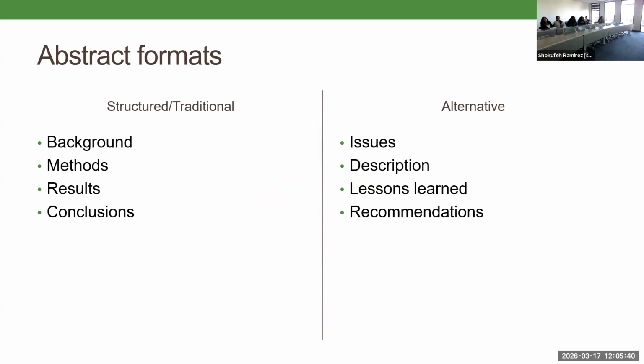I think it's also important to remind us that there is the alternative format of an abstract that would include issues, a description of what you did, lessons learned, and then the recommendations based on that. So I'm not sure which you all are doing in this case, but just a reminder that it doesn't always have to fall onto the left side.